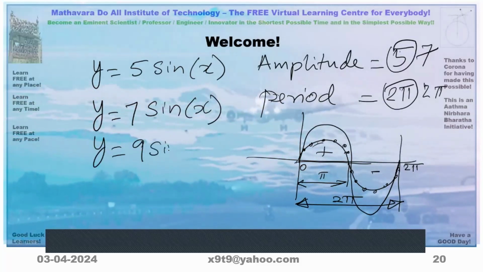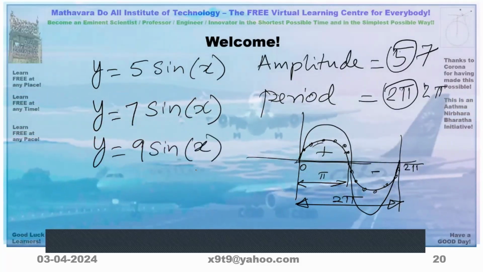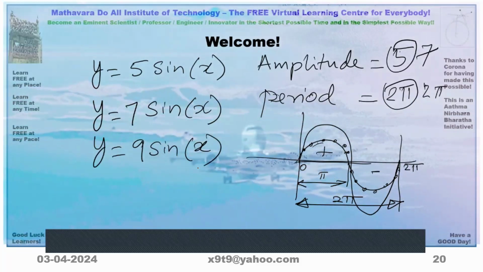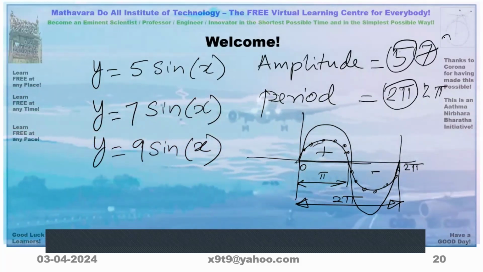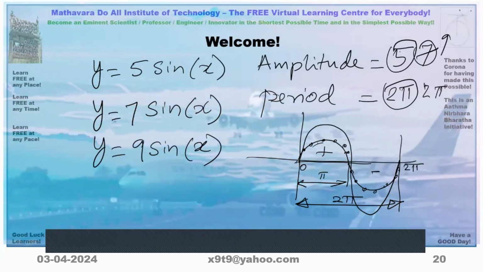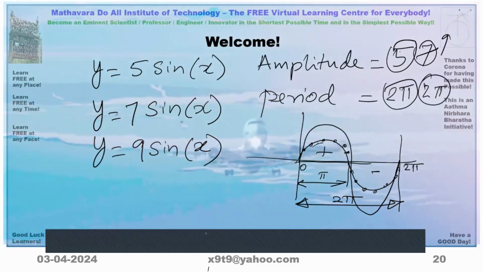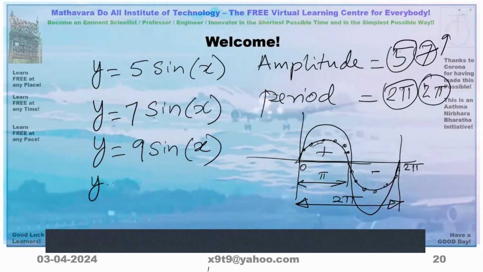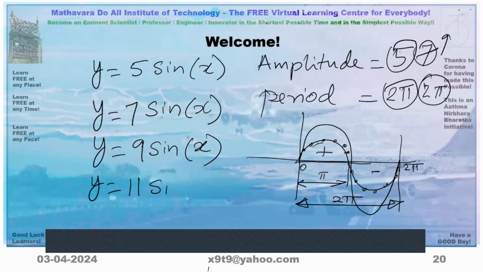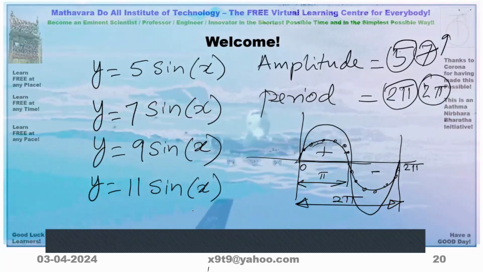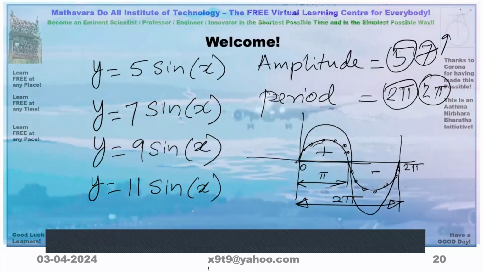See, what about this one? 9 sin x. What is the amplitude? 9. Instead of 7, it will be 9. What is the period? 2 pi only. See, y is equal to 11 sin x. What is the amplitude? 11.